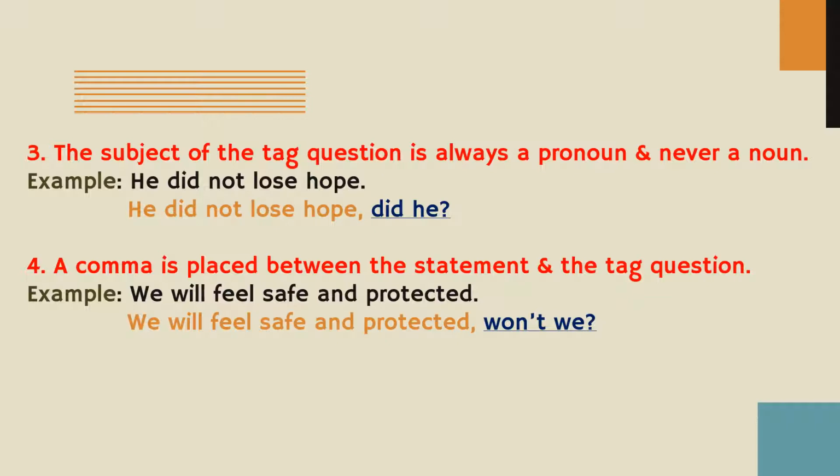The sentence, we will feel safe and protected, is a positive sentence. So the added tag to the sentence will be a negative tag. So the added tag to the sentence is won't we.